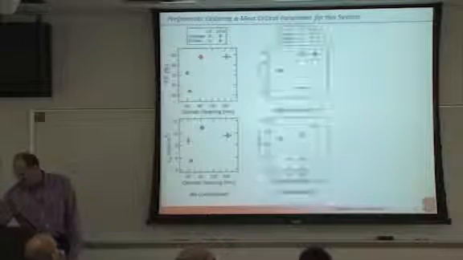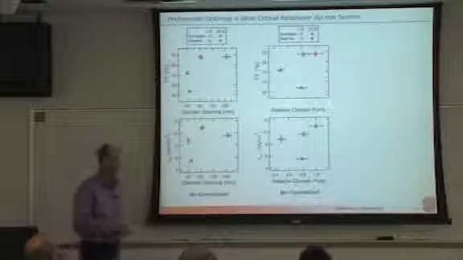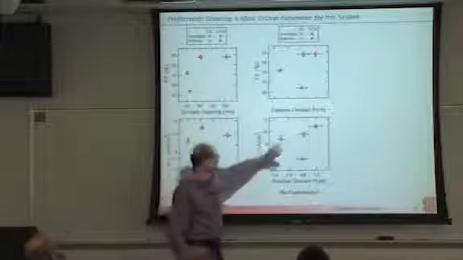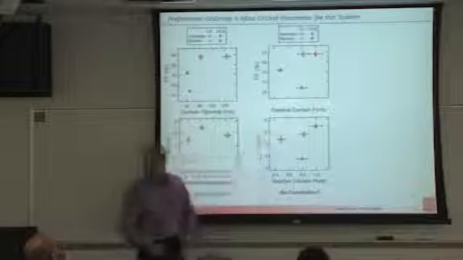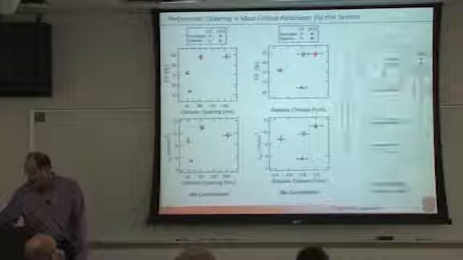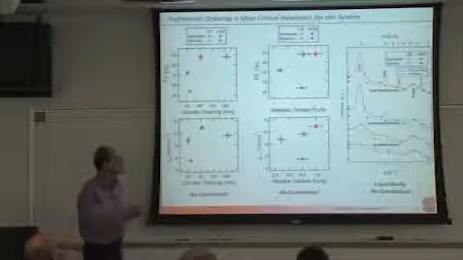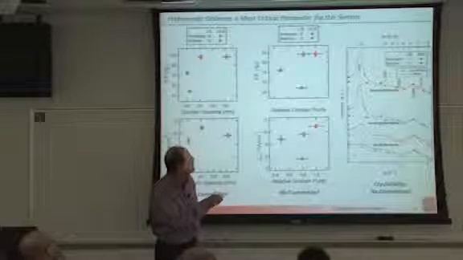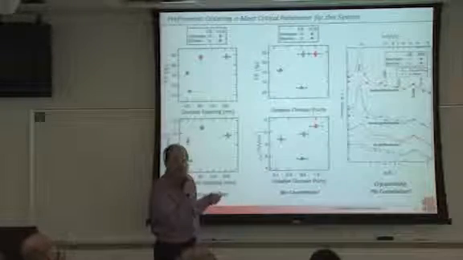Okay. Then I can look at the relative domain purity. That's when I integrate the total scattering intensity. And again, it doesn't work out. So these composition fluctuations don't seem to matter in this device. I can look at the WAXS and analyze now the intensities in these diffraction peaks.